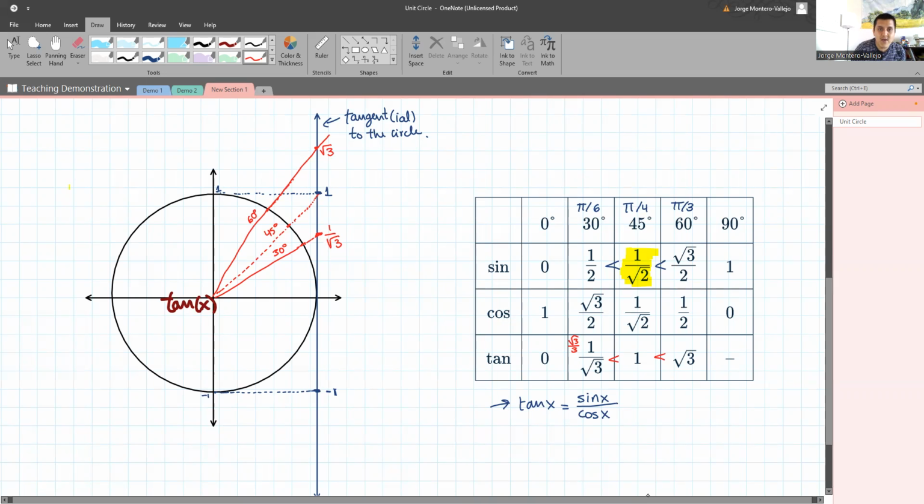Now, for the other angles, all you need to do is let these lines keep going, but in the other direction. For 30 degrees, it was 1 over square root of 3, right? But this tangent value is also the one that corresponds to the angle here. With 60 it corresponds to this angle here, and with 45 it corresponds to this angle here.